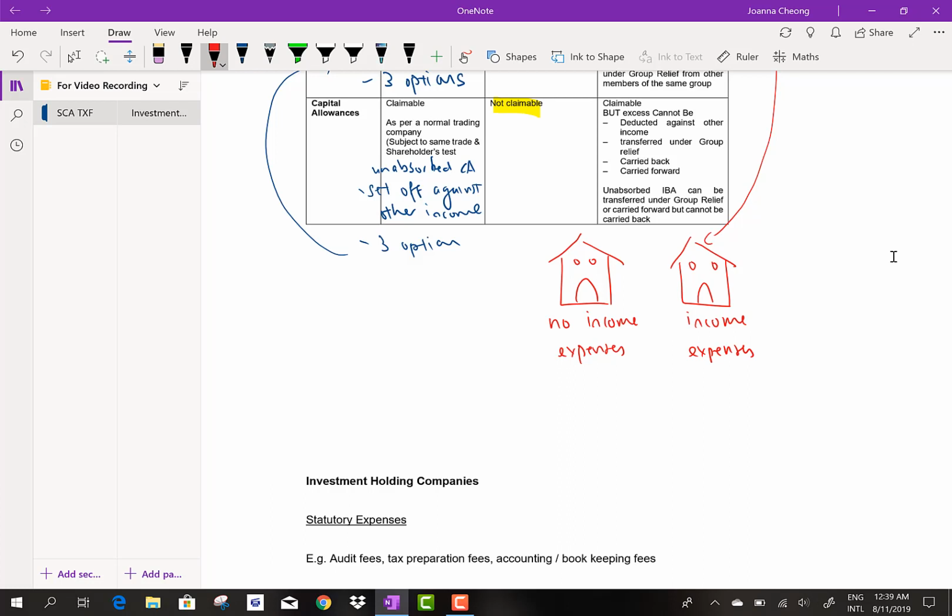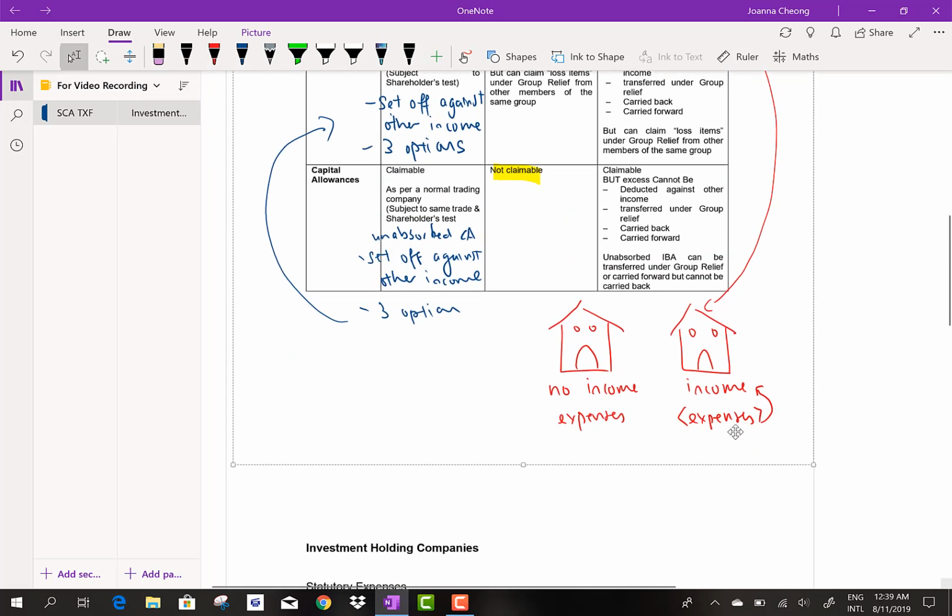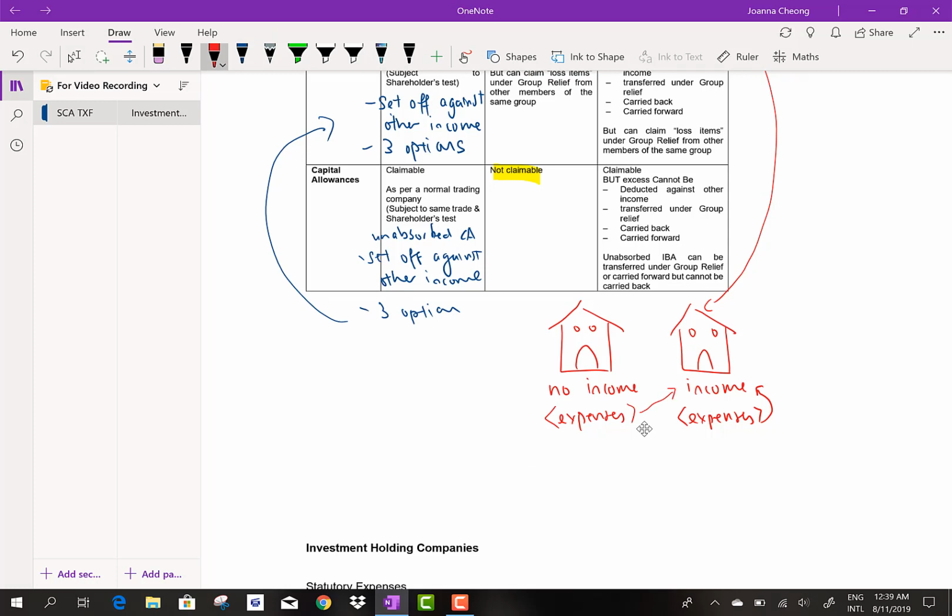So this expense you can deduct against the income of that property. The expense must be actually linked to that property, and you are not allowed to use this expense to deduct against the income generated from another property. So that is what I'm trying to say here.